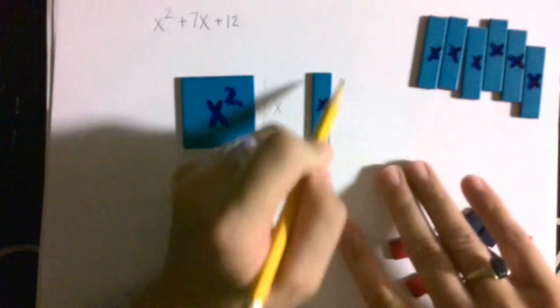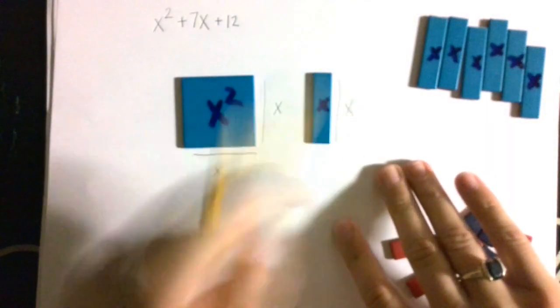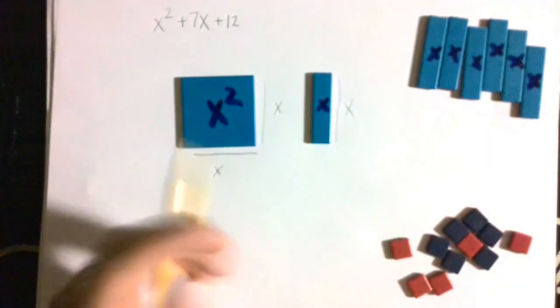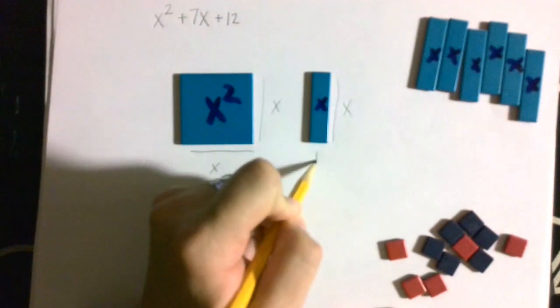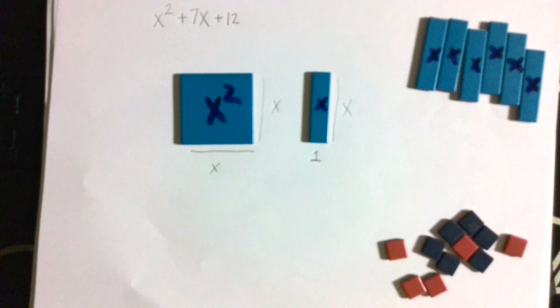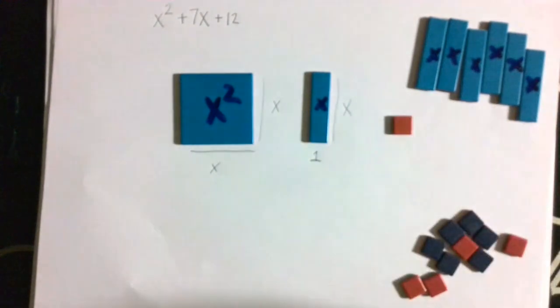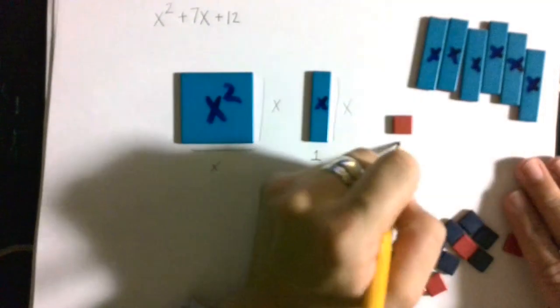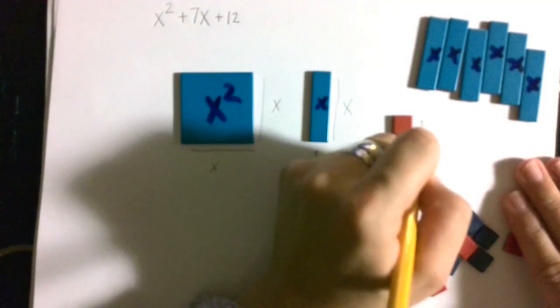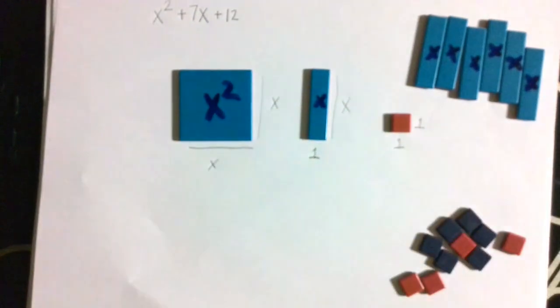Those again have the length of x, but then they have a width of 1. And then the last type of tile we have are our ones. And these are a 1 by 1. So the area of this is 1.